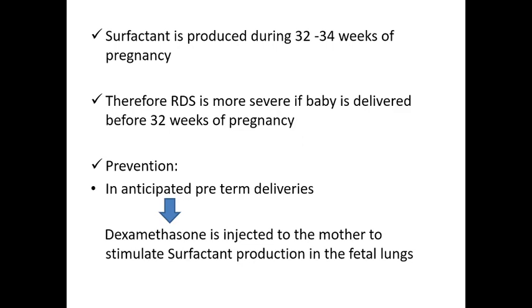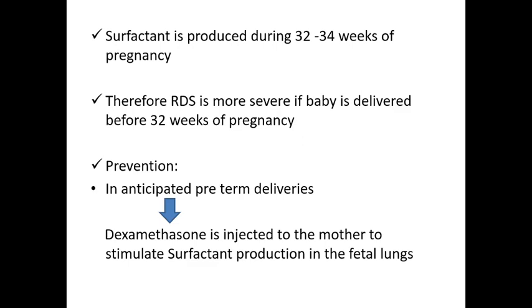Now dexamethasone is a steroid. It's a cortisol. If you give it to the mother, this cortisol that enters the mother's blood will go through the placenta to the baby, and in the baby's lungs it will stimulate production of surfactant.